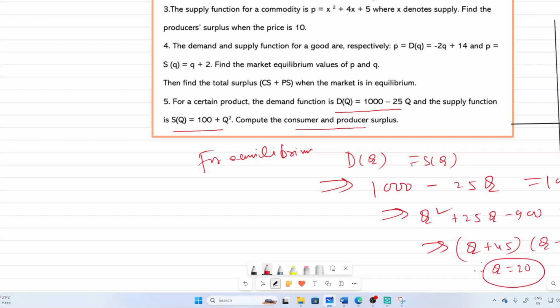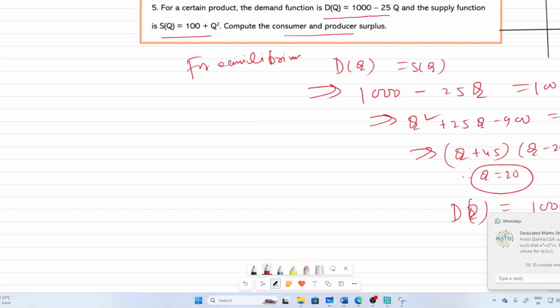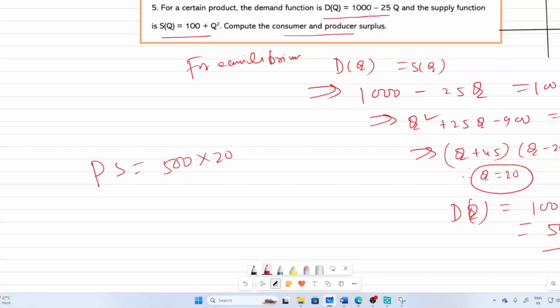Alright. Now find the corresponding value of DQ, the demand function corresponding value. DQ is going to be what? 1000 minus 25 into 20. So this thing will be 1000 minus 500, that is 500. Now you find producer surplus. This will be 500 into 20, the area of that portion. From there you subtract the integral from 0 to 20 of the supply function.